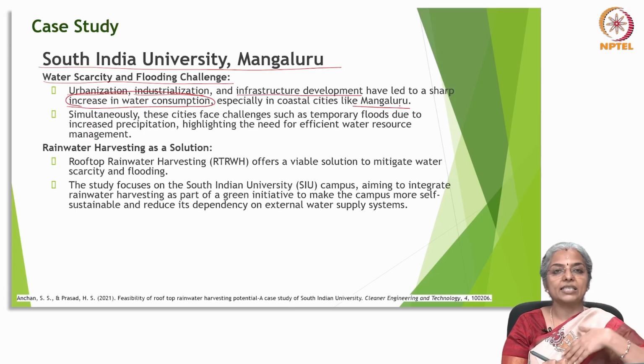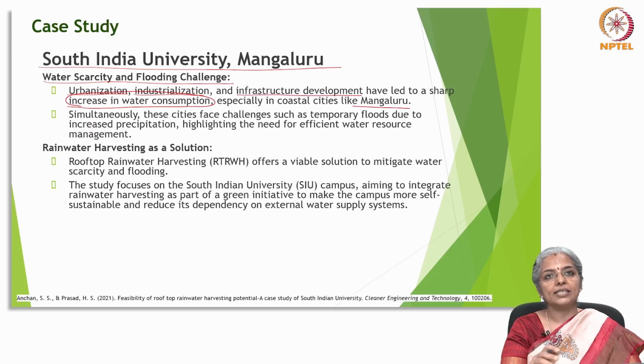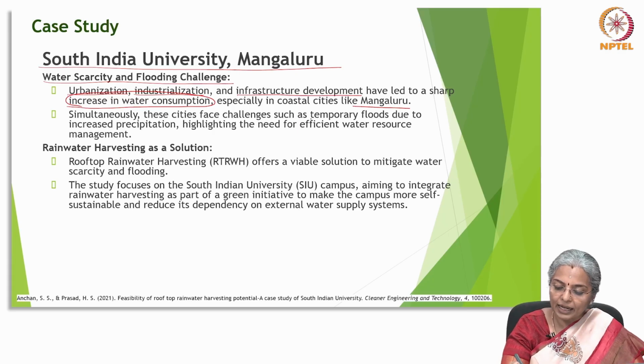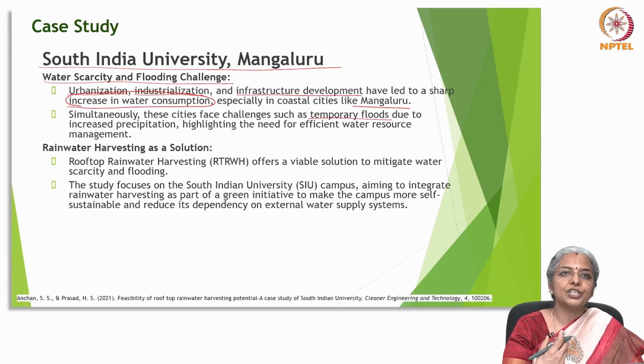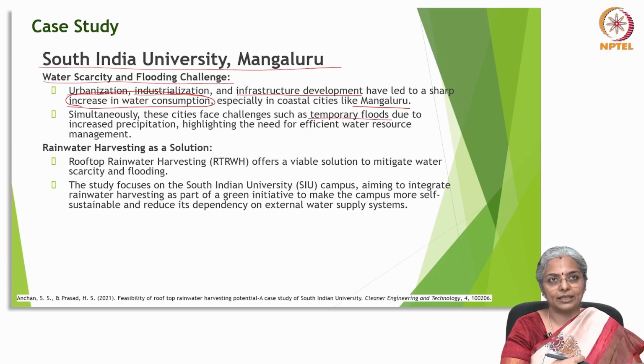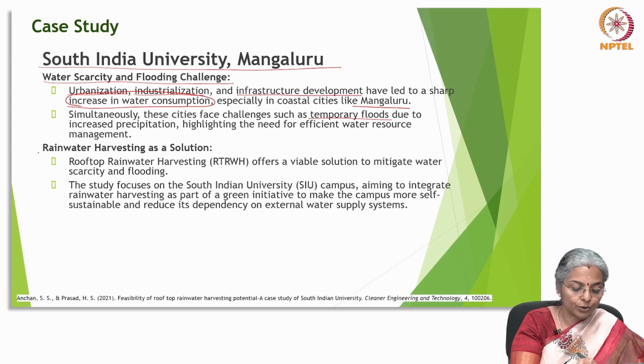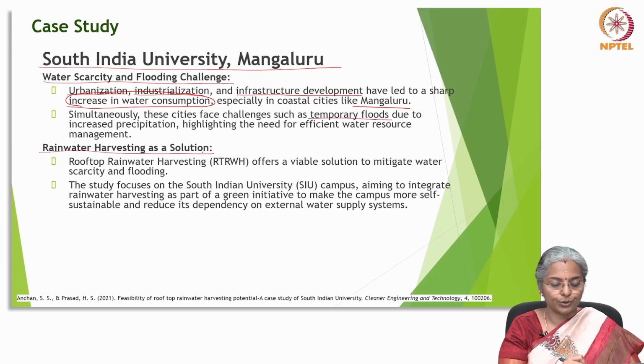So simultaneously, such cities will face many challenges like temporary floods because of increased rainfall suddenly, which is not predicted, and this highlights the need for efficient water resource management. Under these circumstances, rainwater harvesting is a very good and important solution.